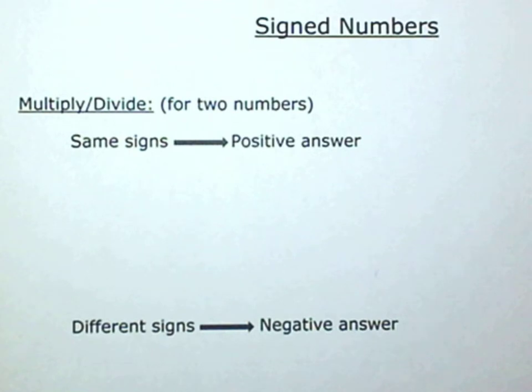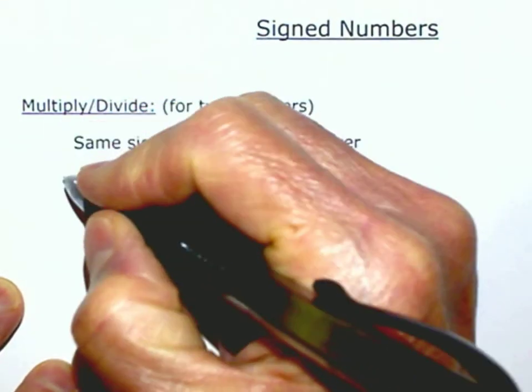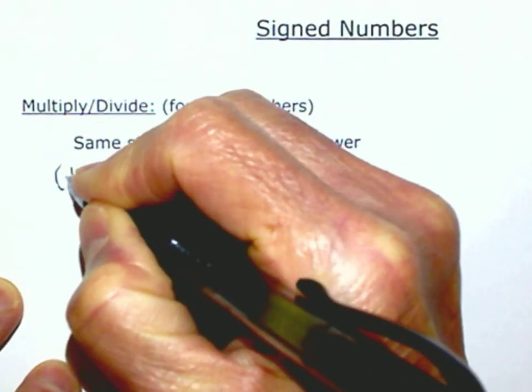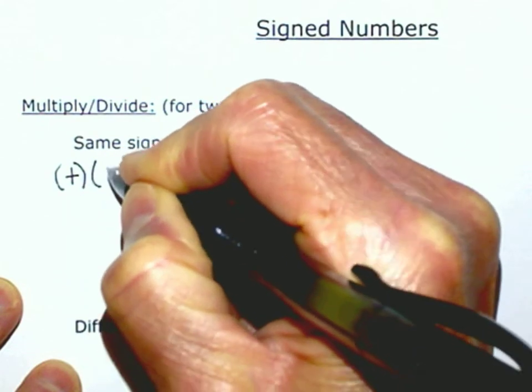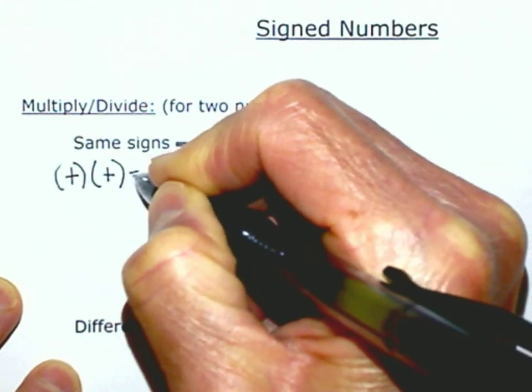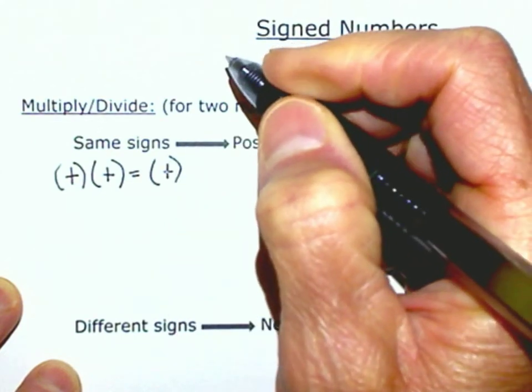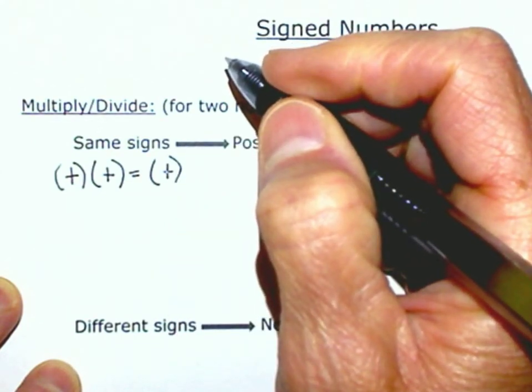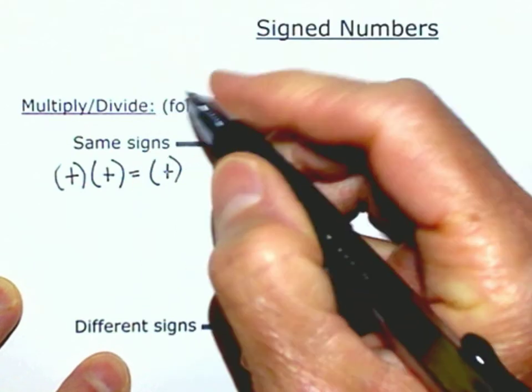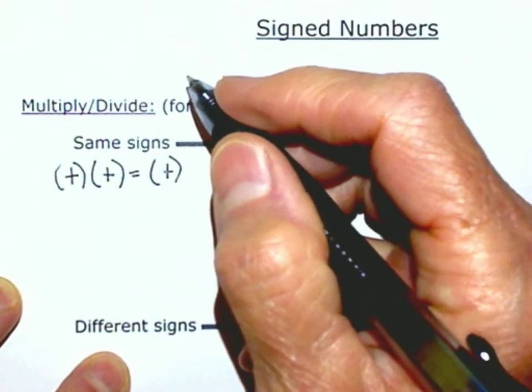So a positive number times a positive number will give a positive answer. Likewise, a negative number times a negative number will give a positive answer.